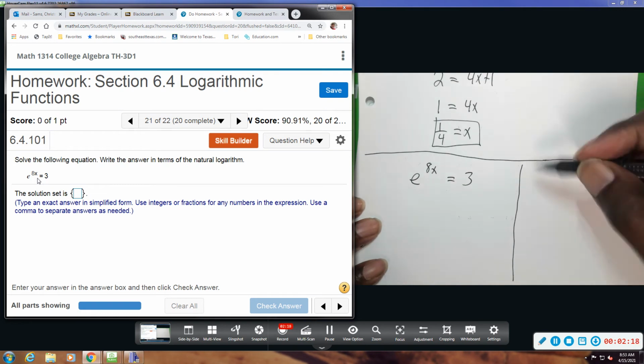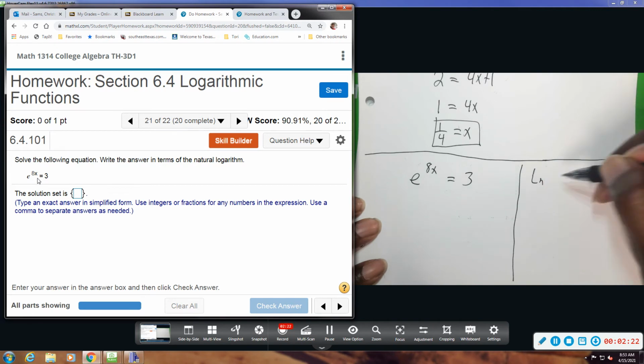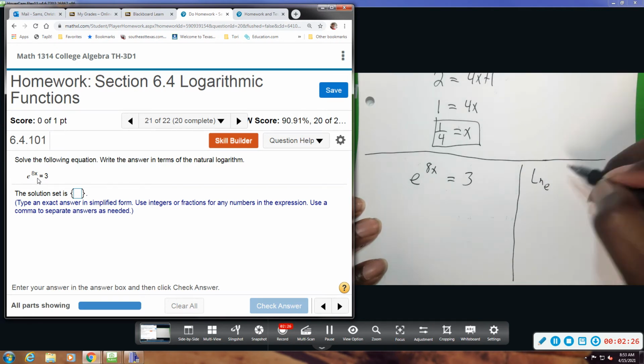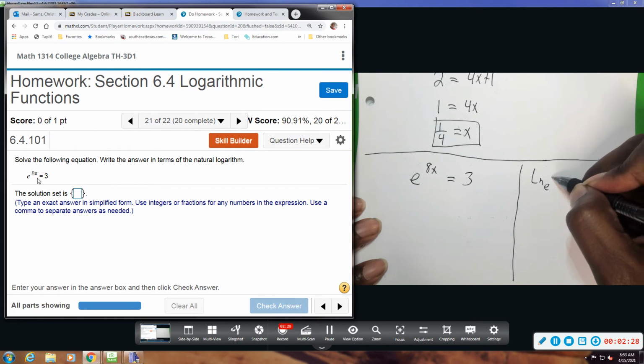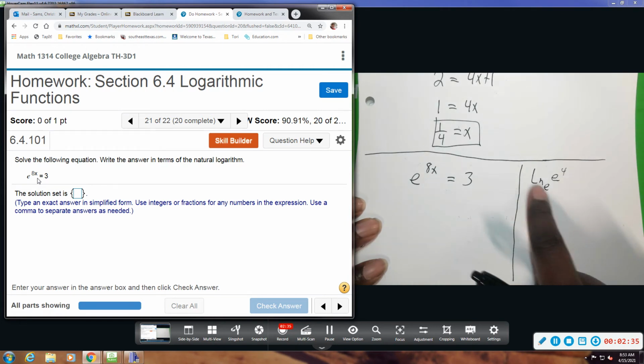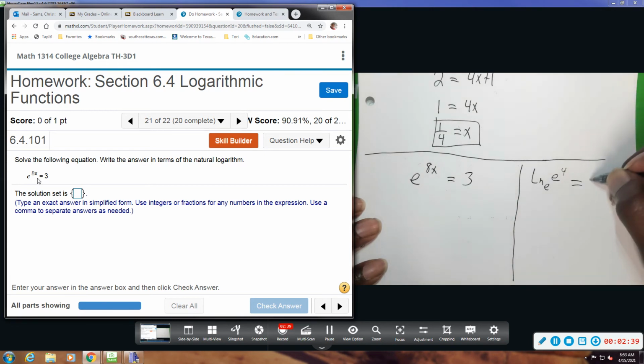is, you get the original expression. So let's say ln, base e is understood. And then if I take the log of e and I can raise it to any power, let's just say 4, what happens is this base e and this e cancel each other out, and you'll just be left with 4.